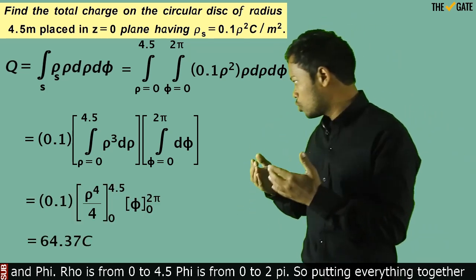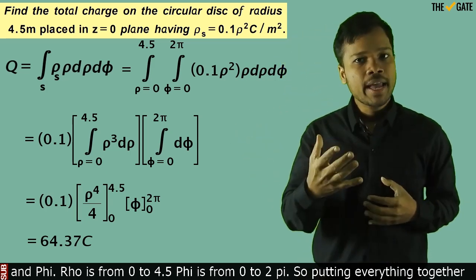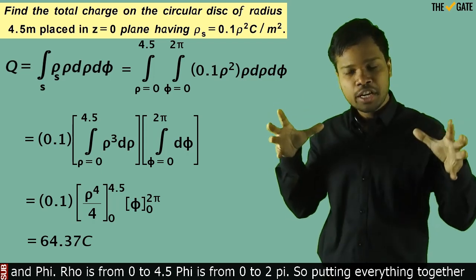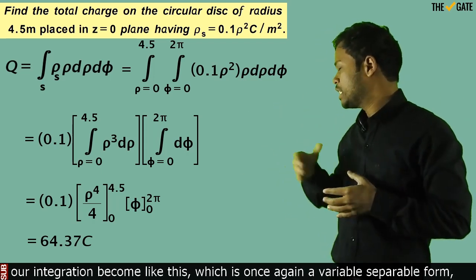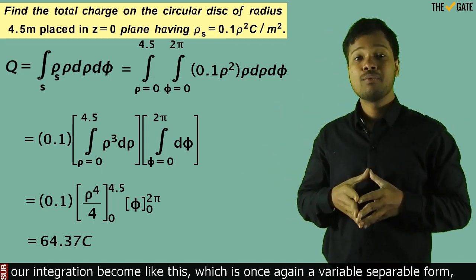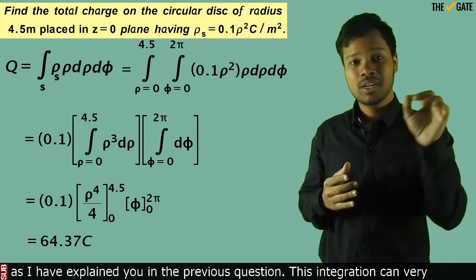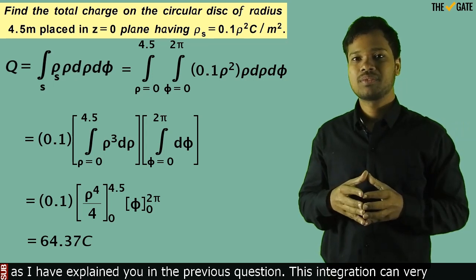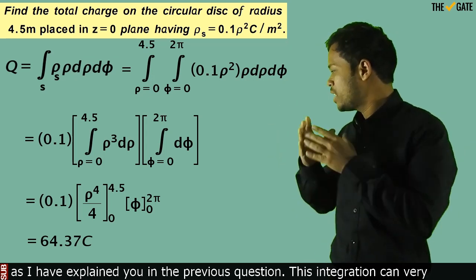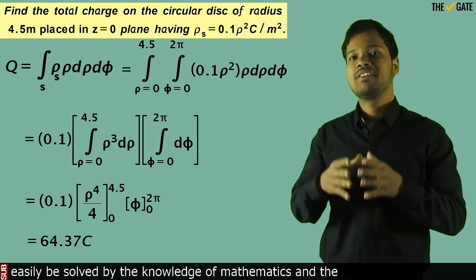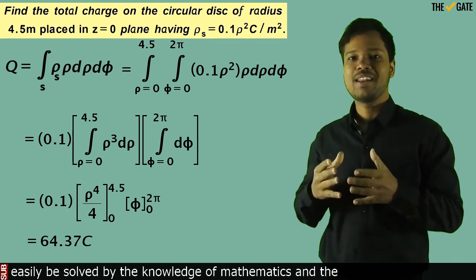Rho is from 0 to 4.5, phi is from 0 to 2 pi. So putting everything together, our integration becomes like this, which is once again a variable separable form, as I have explained in the previous question. This integration can very easily be solved by the knowledge of mathematics, and the final answer can be concluded.